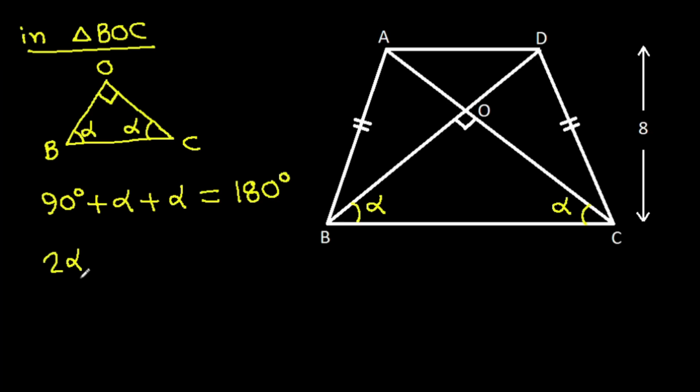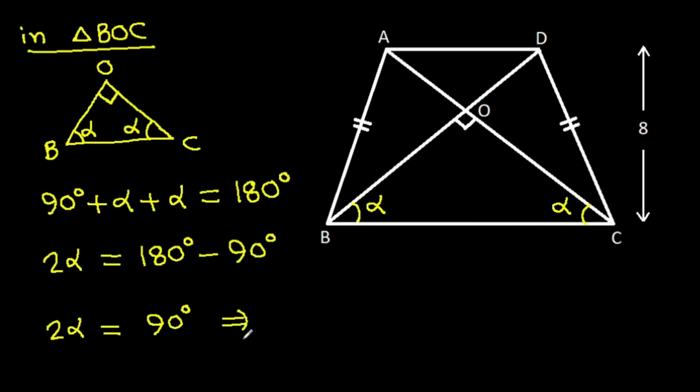So 2 alpha will be 180 degrees minus 90 degrees, and 2 alpha is 90 degrees, so alpha will be 45 degrees.